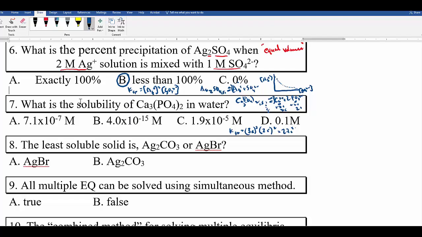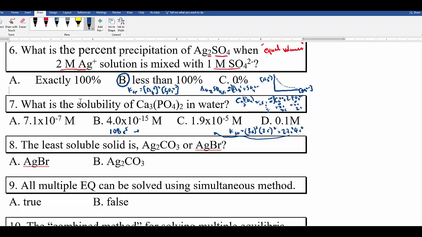And then this is going to be 4s squared. So 4 times 27 is going to be 108 s to the 5th.